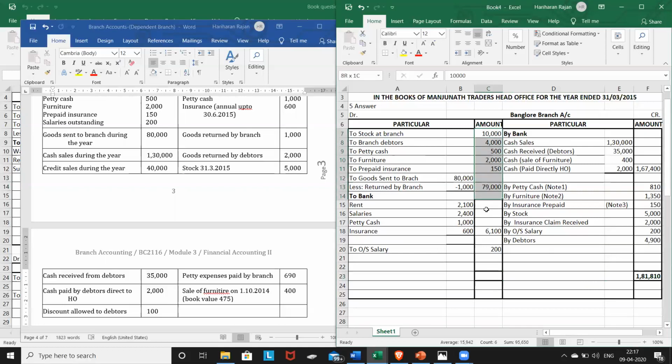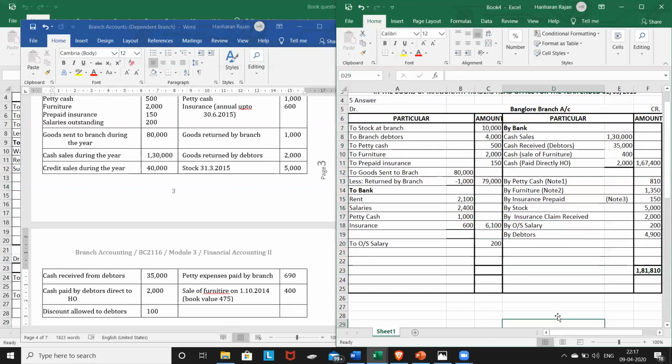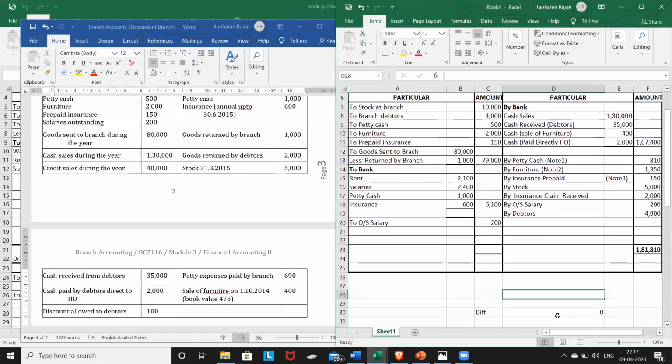This side the total is 1,01,950. So 1,81,810, and this side the amount is 1,01,950. Why am I doing this?